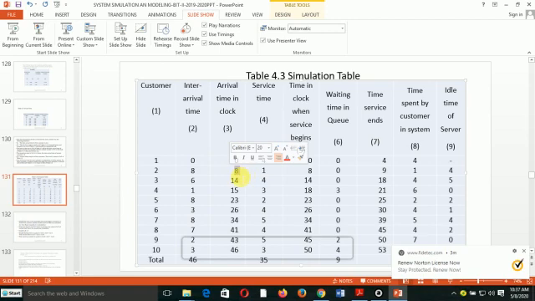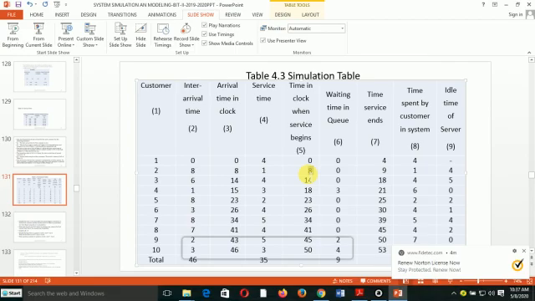When the service with the second customer begins, the time will be equal to the sum of this and this, and you compare it to the arrival time of the second customer and take the maximum. The maximum is 8. So it means that the service will begin when the customer comes.